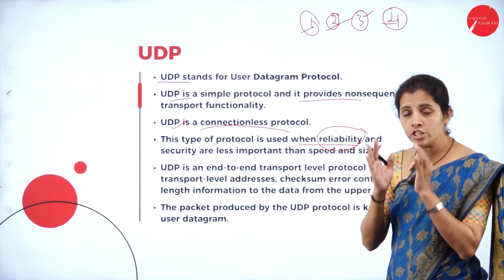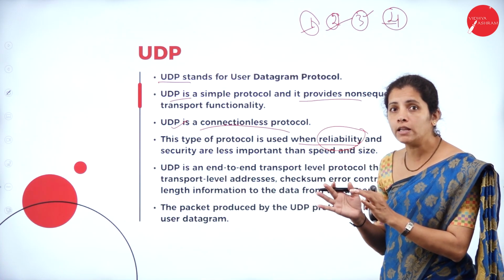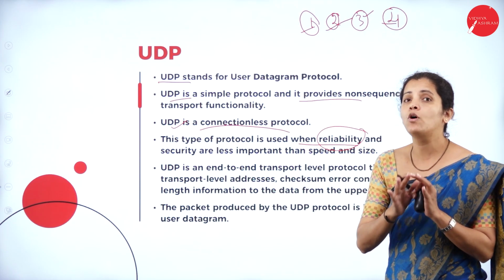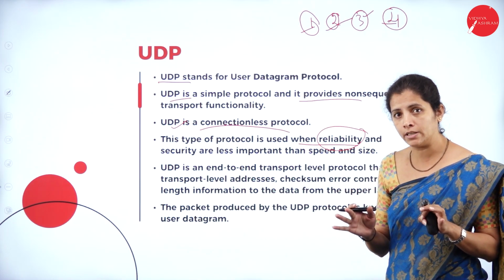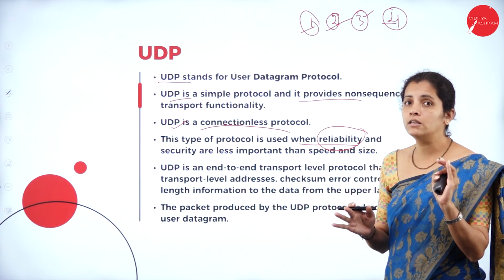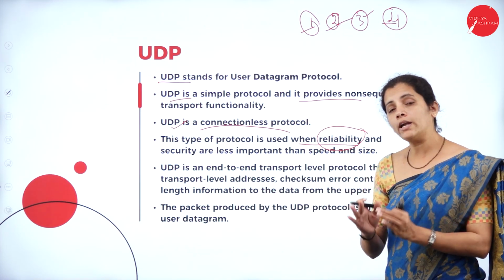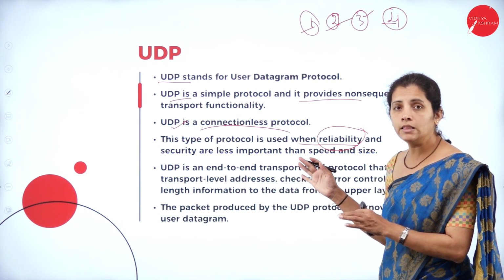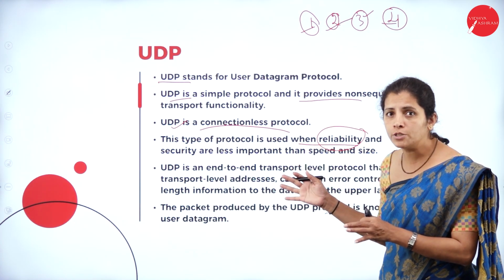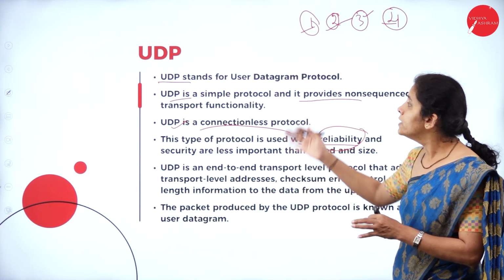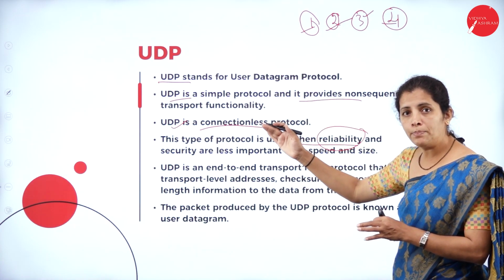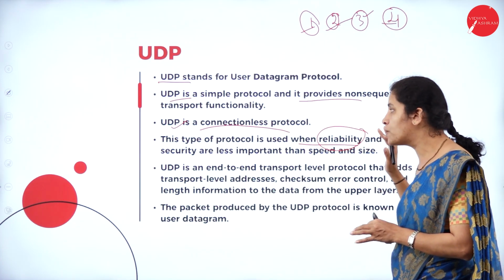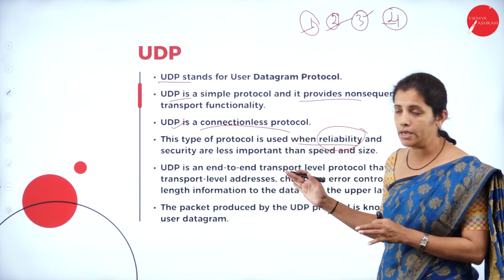For the registered letter only, I'm going to provide the acknowledgement. So the registered letter is reliable. What about the normal letter? It is unreliable. In the sense what? There is no acknowledgement. So if I consider UDP, it is unreliable and it does not provide much security.